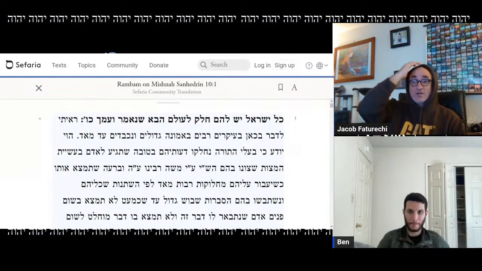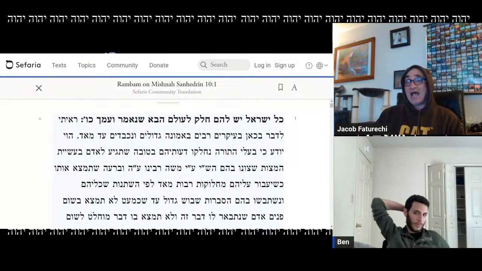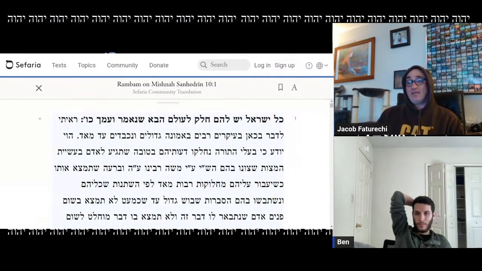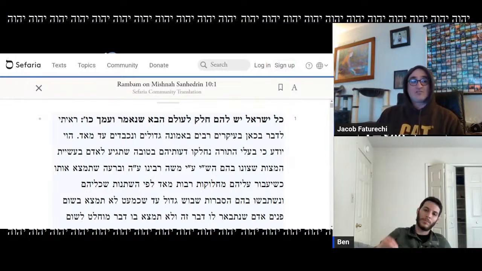So the 13 fundamentals of Jewish faith, to the point that there is a creed within Judaism, to the point that there is something definitional about what we must believe in Judaism, it comes from this explanation here from the Rambam. And many people have a custom to recite the 13 Ikarim every day, which comes from this here.